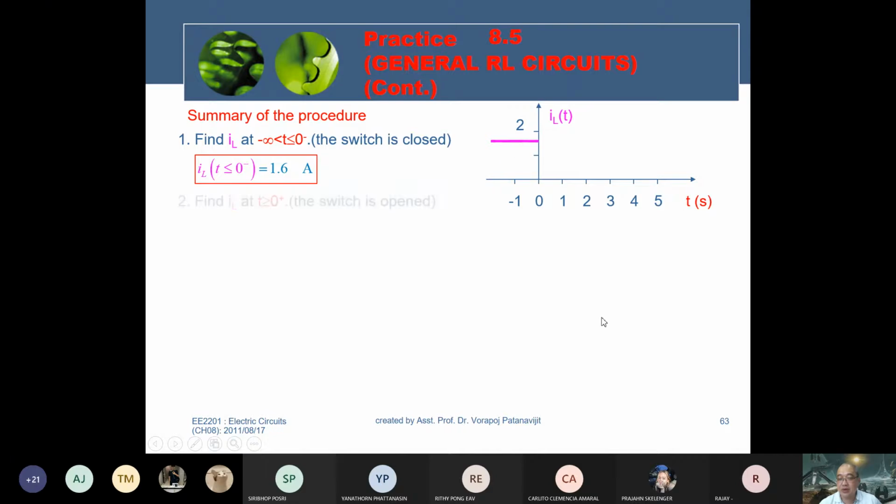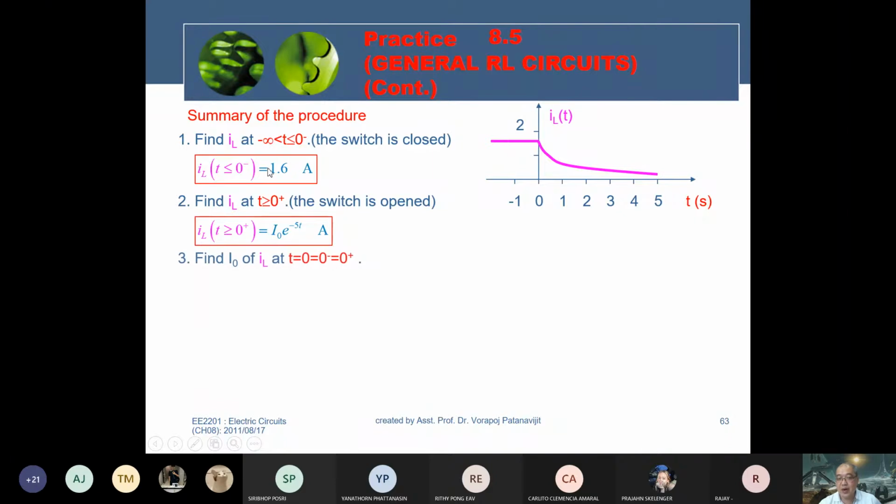The inductor current equals 1.6 amp. For time greater than 0, when the switch is closed, the source is short circuited by itself, and the source will be cut off from the inductor and the resistor in the right section. Therefore, the inductor current will gradually drop and reach 0 soon.